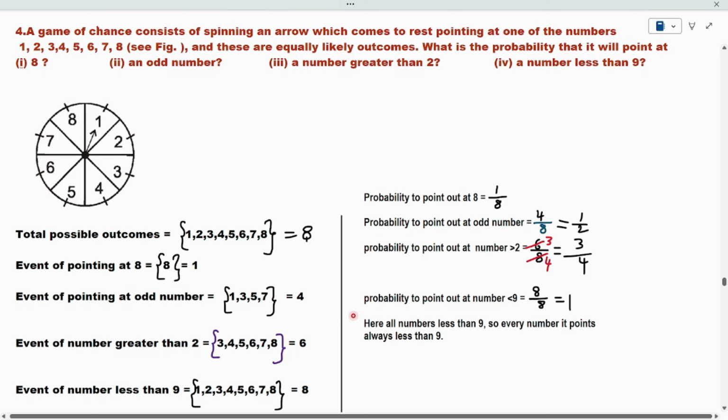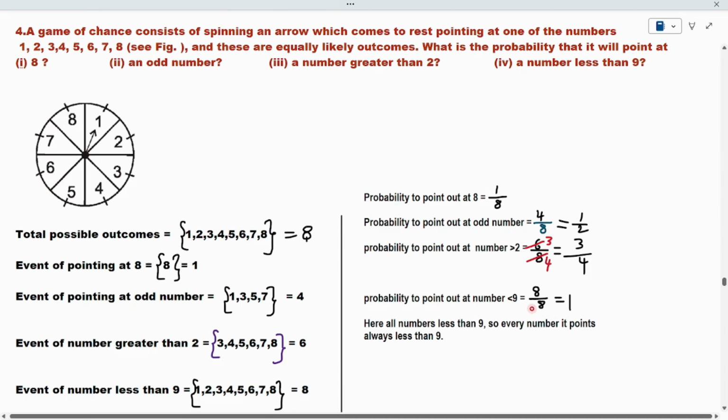Then the fourth question. The probability of stopping at a number less than 9. There is an interesting fact here. All these numbers are less than 9, so my event equals 8, because I have 8 numbers which are less than 9. The total possible is also 8.